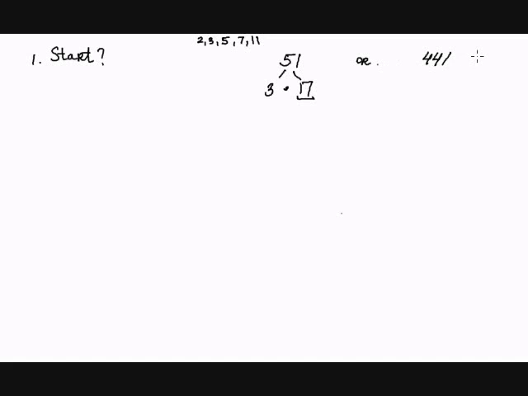Now we're going to run the divisibility test by 3. 4 plus 4 plus 1 is 9. 9 is divisible by 3, therefore this number is divisible by 3. So we can write it as a product of 3 and some other factor. To find this other factor, we're going to divide 441 by 3, and you may use a calculator for that. I'm just going to write down the answer, 147.